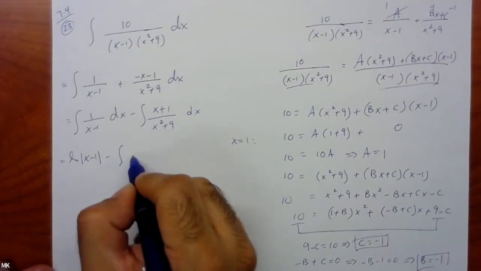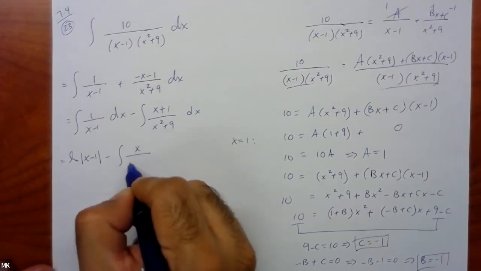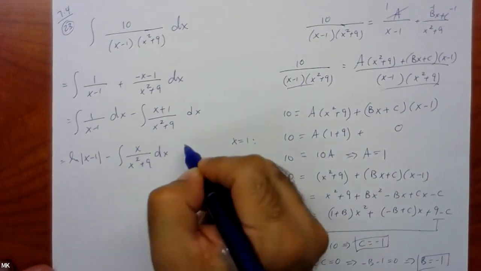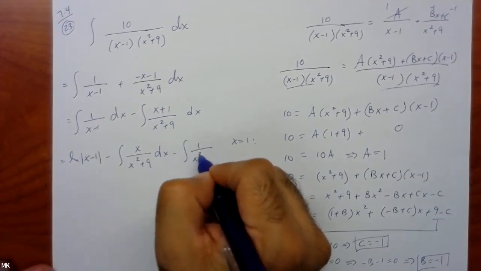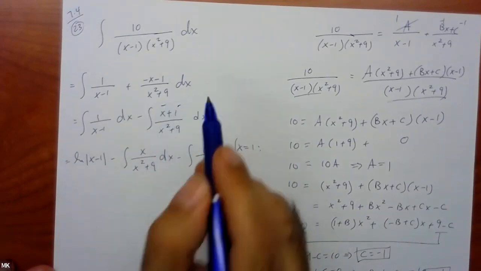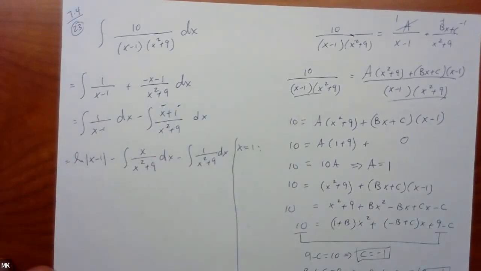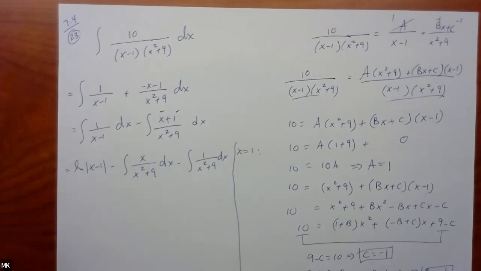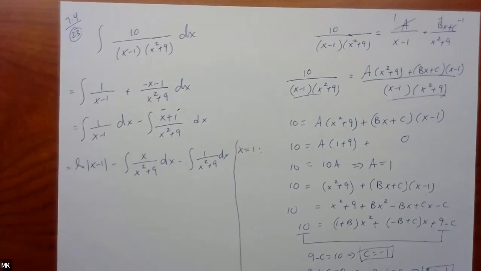Second part, I'm going to split it even more, and I just wrote it as two fractions. And you can do that, of course. You can split over the numerator. Numerators, if you're adding two or three numerators, sure, why not? Split them.